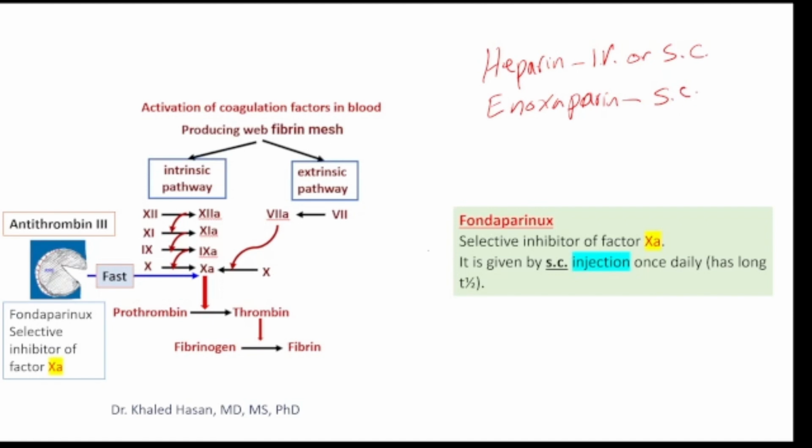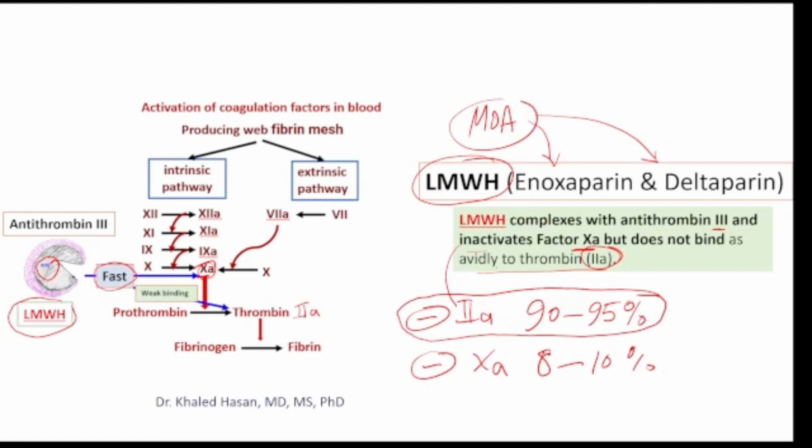What happened here? What's the difference between heparin, enoxaparin, and fondaparinux? Fondaparinux is considered a selective inhibitor of factor 10A. I will repeat it: fondaparinux is a selective inhibitor of factor 10A, selective. If you go back to enoxaparin, it's not selective.